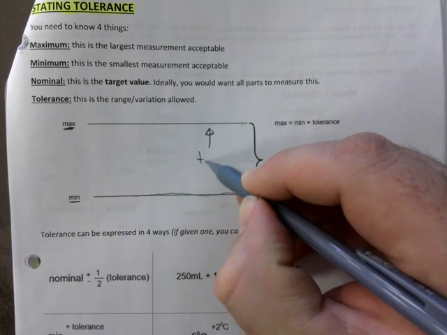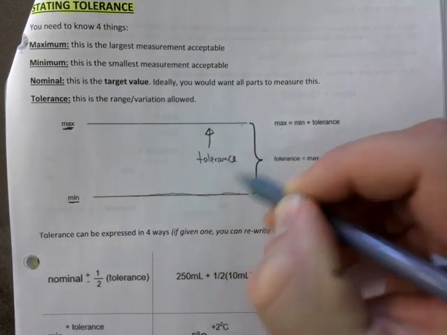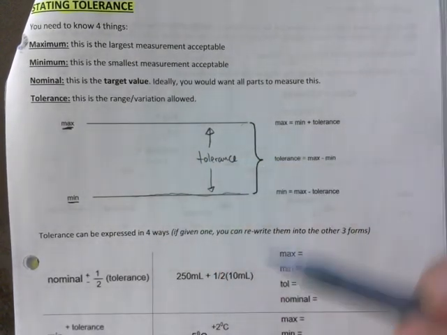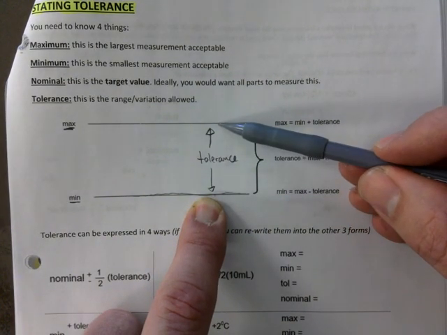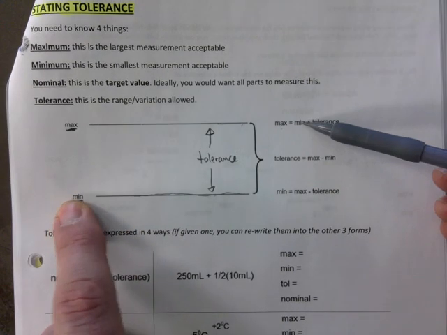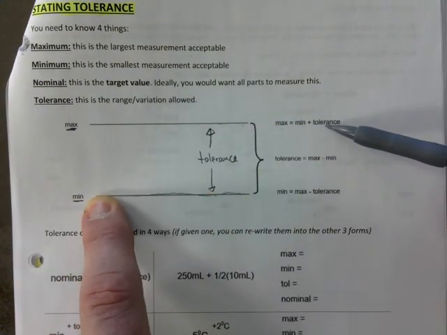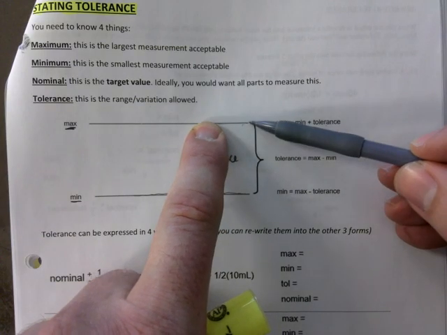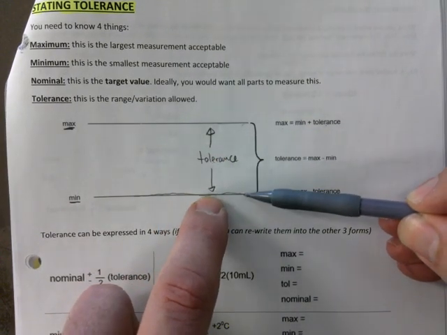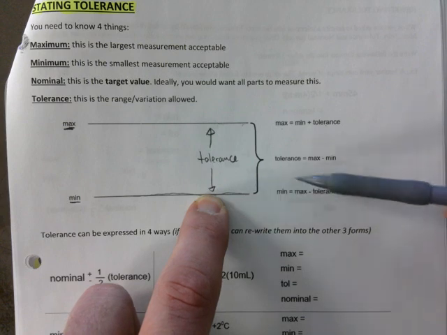This is tolerance. So to go from here to there, you would just take whatever the minimum allowed is and add the tolerance to go up. And vice versa. If you want to go from here to the lowest possible value, you would just take the max and subtract the tolerance.